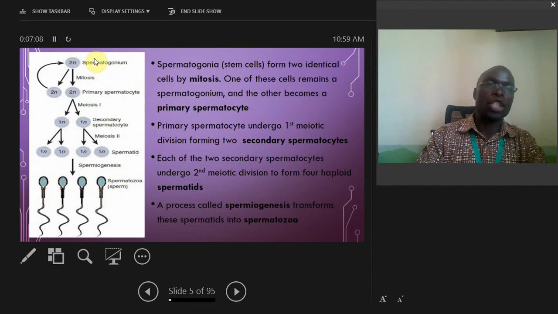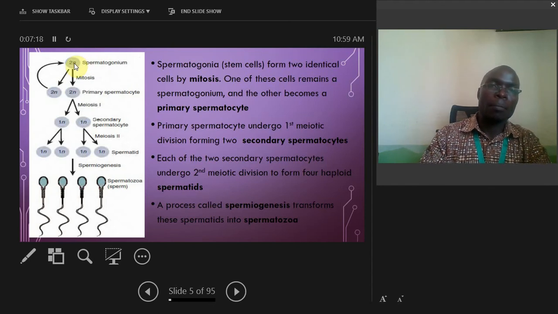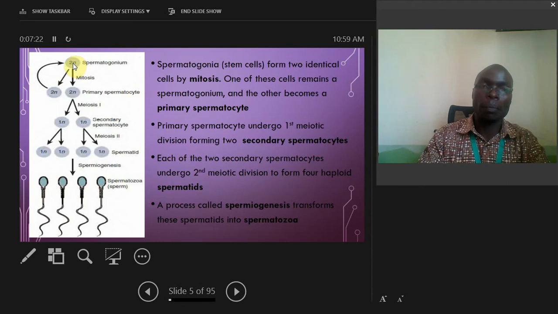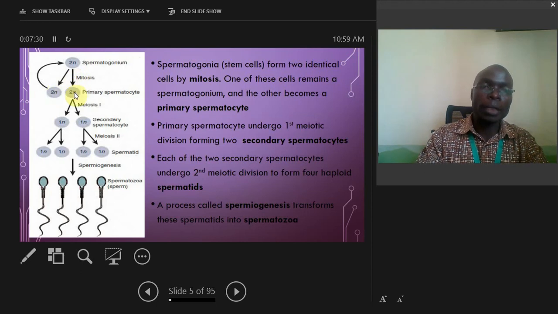stages through which spermatogenesis takes place. So this is the original mother cell, what we're calling a spermatogonium, which is diploid. This cell undergoes one mitotic division to give you two daughter cells, both of which are diploid, as I've said earlier.